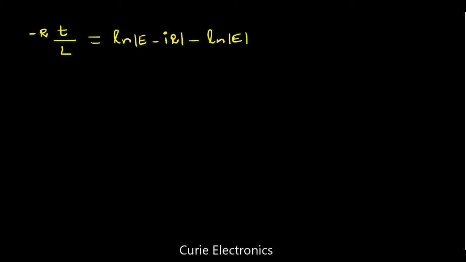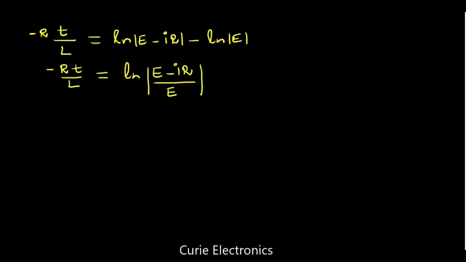So we can write it as minus R t upon L equals log of E minus IR divided by E, right?